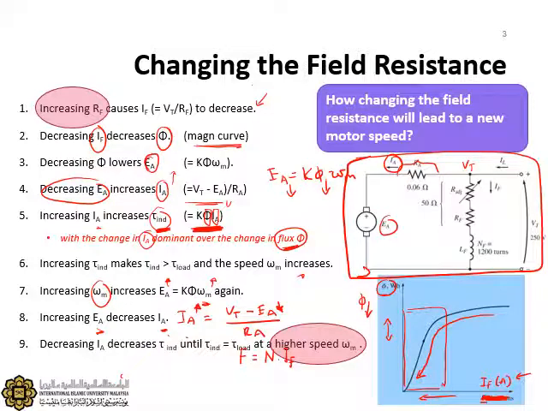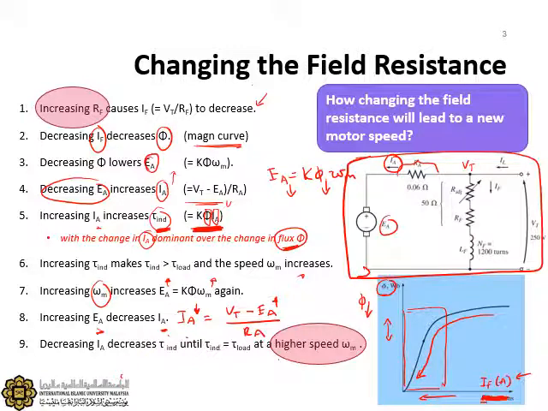Right. And then finally, oh, sorry, I got it the wrong way around. EA is increased, and therefore IA is decreased.